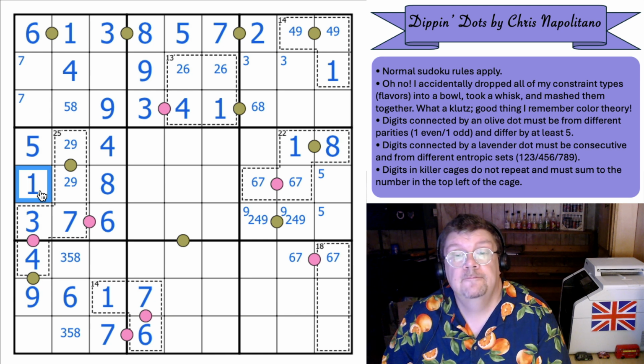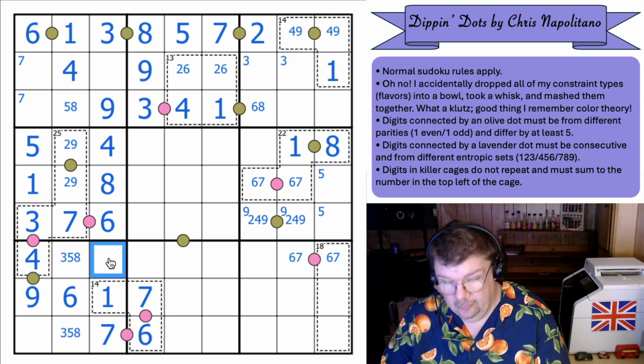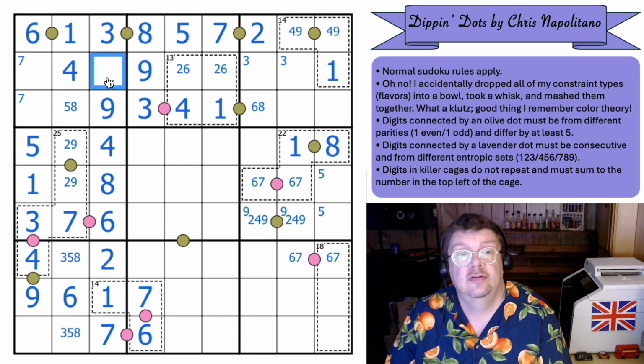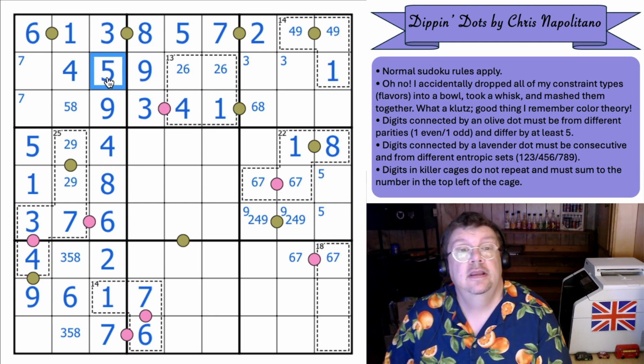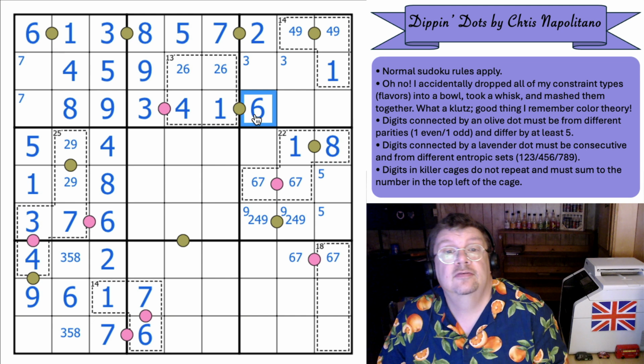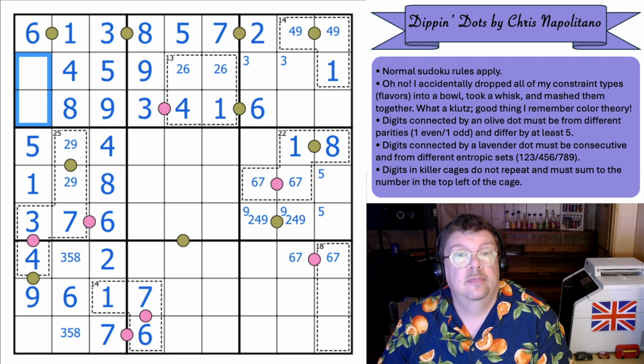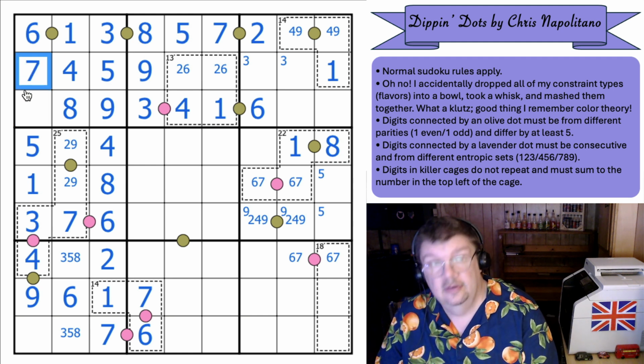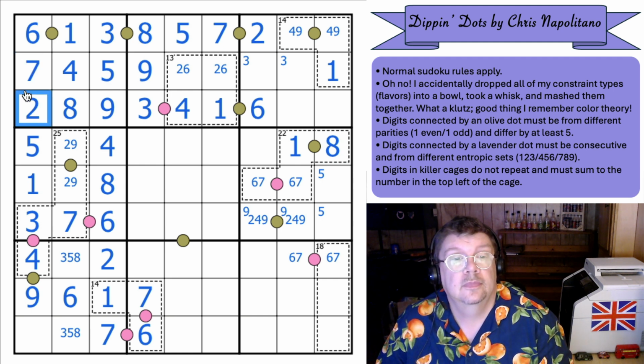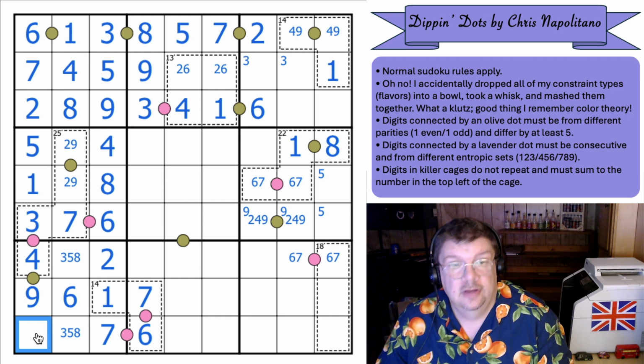That's a 1. I need a 2 in the column, which can't go there, so that must be a 2. I need a 5 in the column, which must go here, making that an 8. That makes that 6. So we have 7 and 2 in the box, which must go 7 and 2. This digit is now an 8.